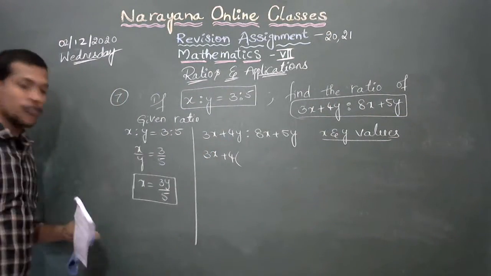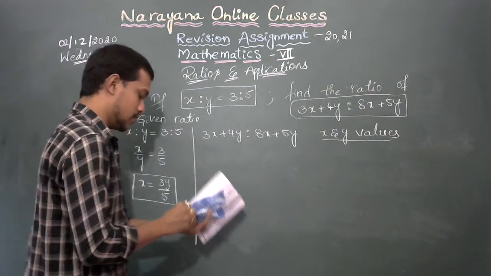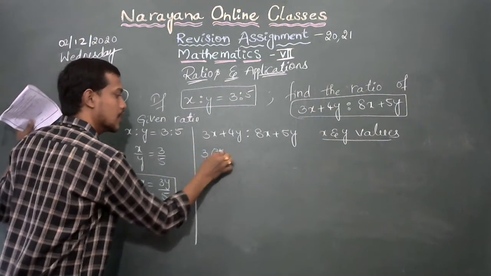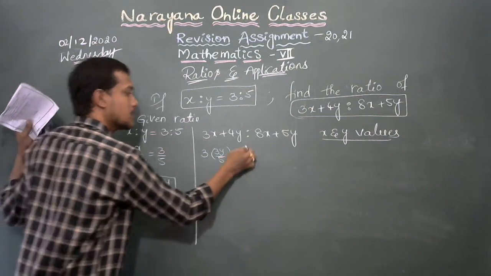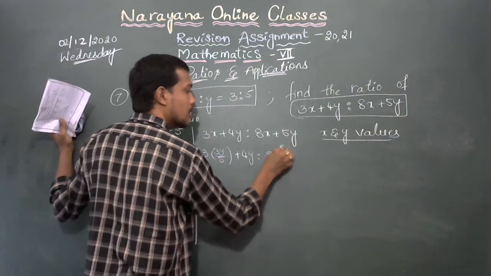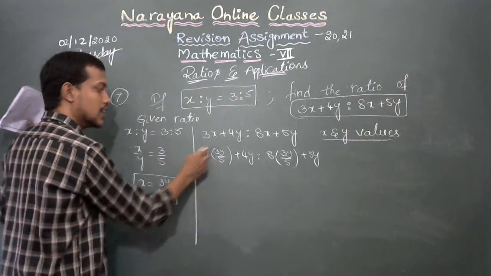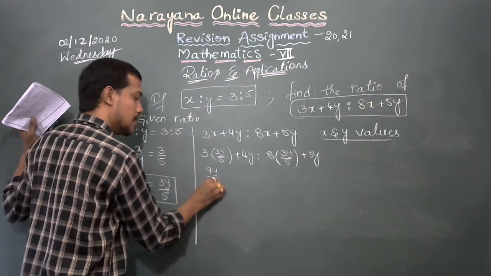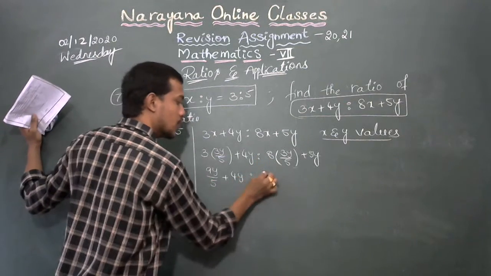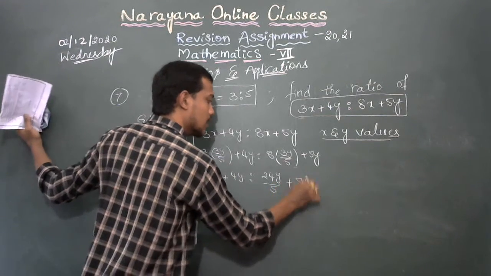We know x is 3y by 5, and 4y as it is. Again x value 3y by 5 plus 5y. 3 3s are 9, so 9y by 5 plus 4y is to 8 3s are 24, 24y by 5 plus 5y.